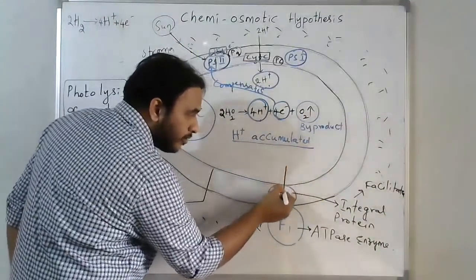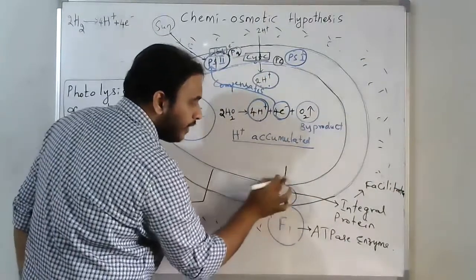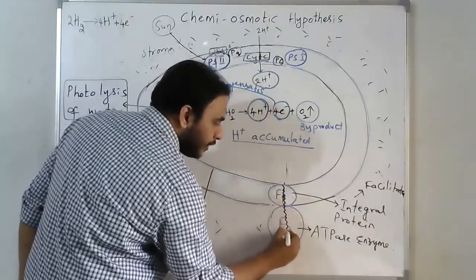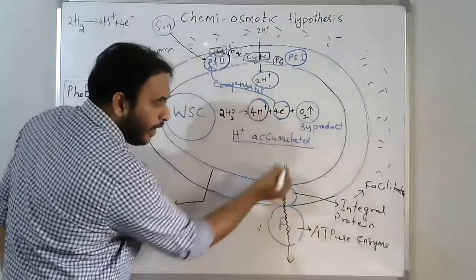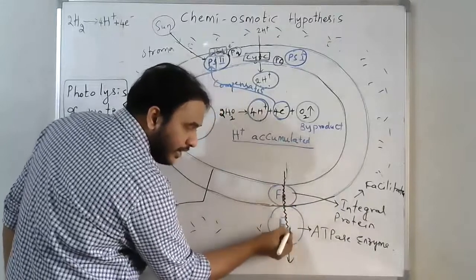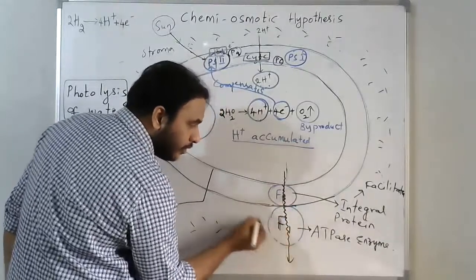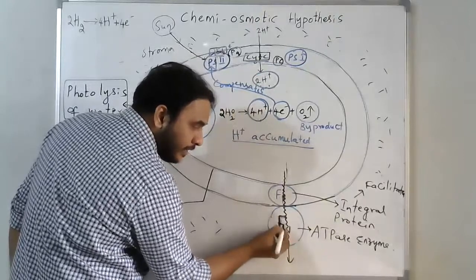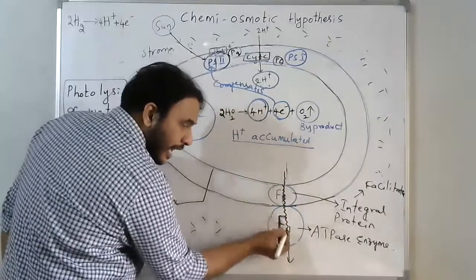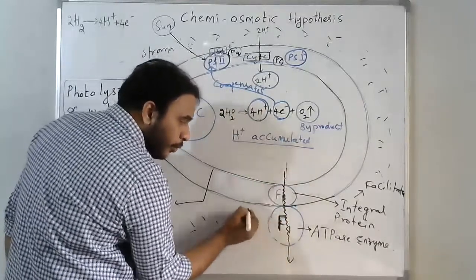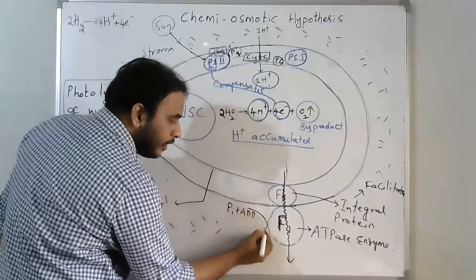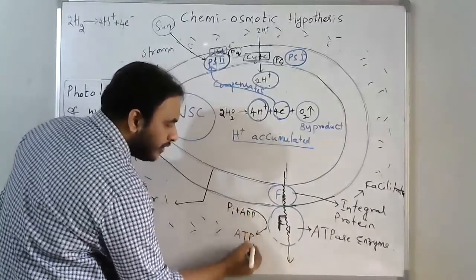When the protons are being diffused, they are diffused with energy, right? That energy is utilized by F1 to add inorganic phosphate to ADP to produce adenosine triphosphate.